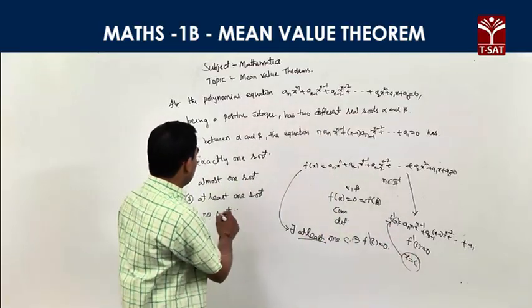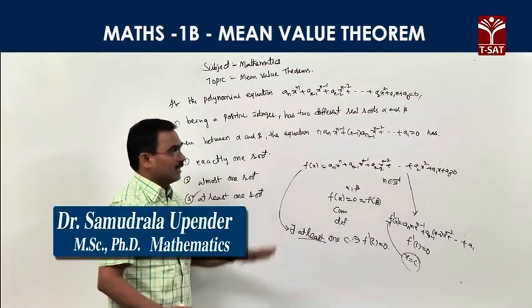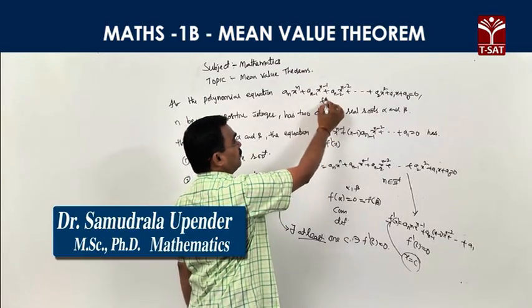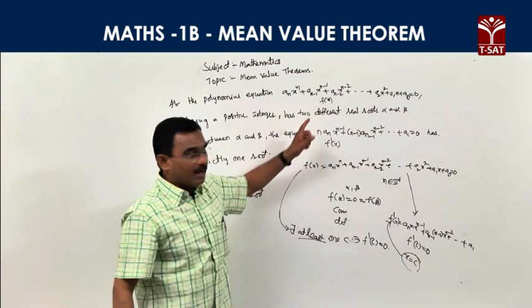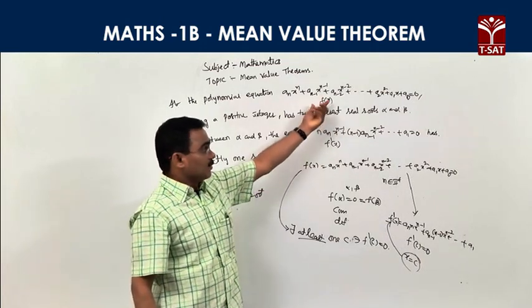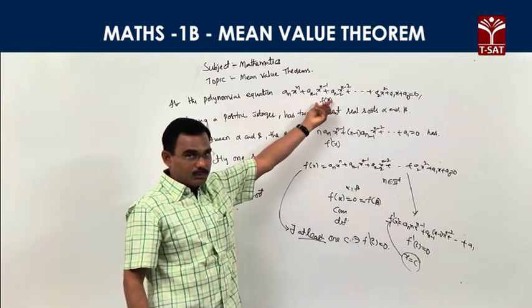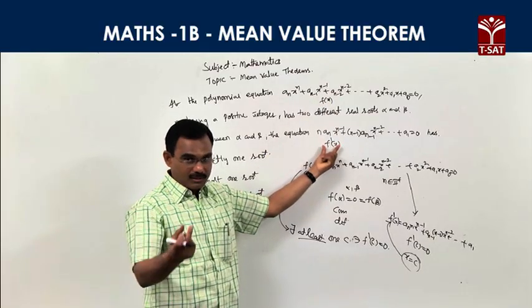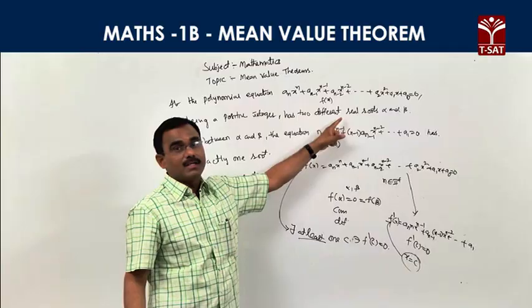At least how many? At least one root of the equation, which is nothing but f dash x. According to Rolle's theorem, if f of x equal to 0 has two roots alpha and beta, then the equation f dash x equal to 0 has at least one root lying between alpha and beta.